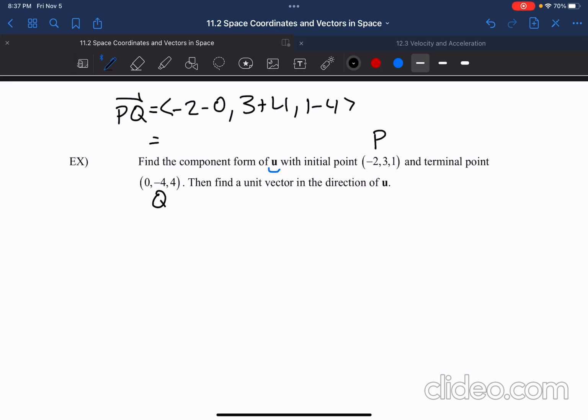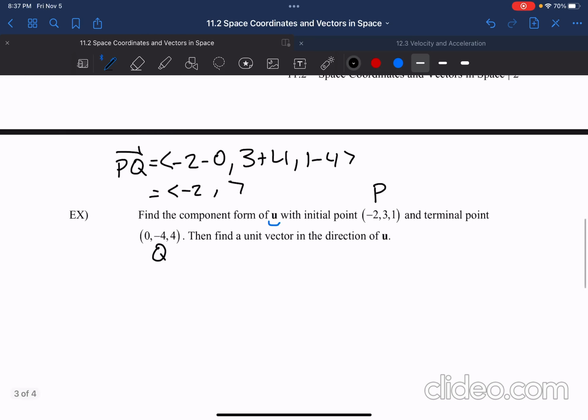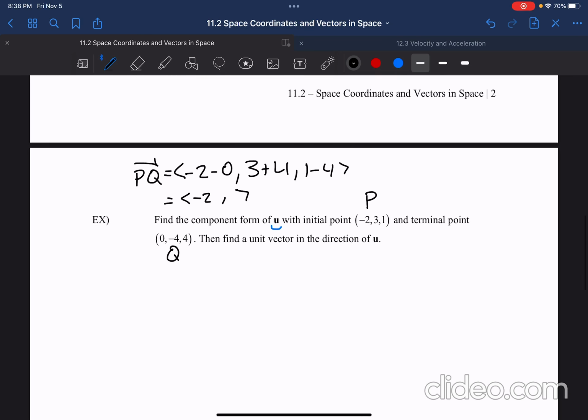We're going to get 2, -7, and 1 minus 4, which is going to be -3.